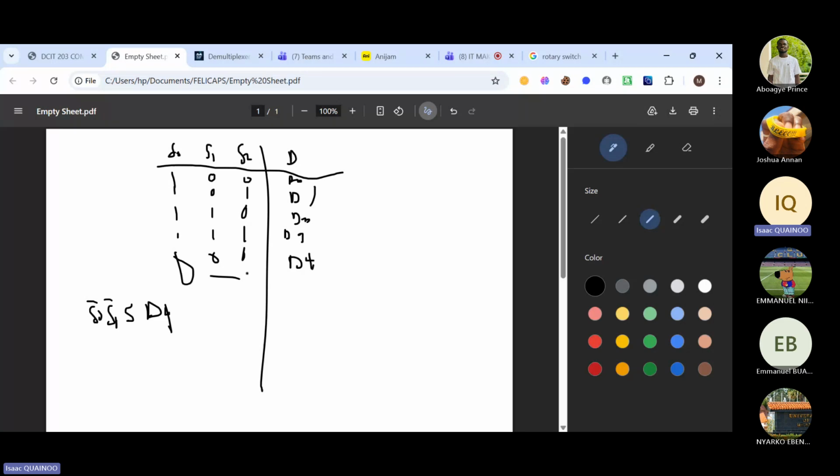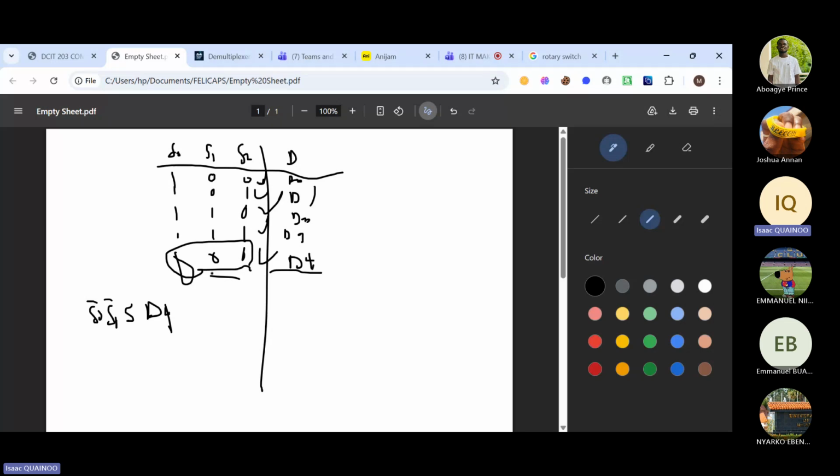This particular combination corresponds to Q4, after Q0, Q1, Q2, Q3.